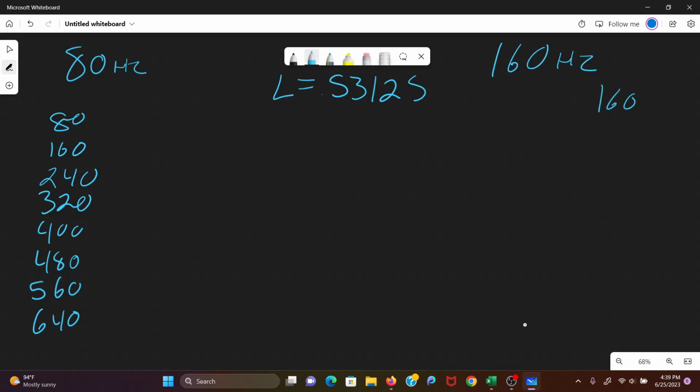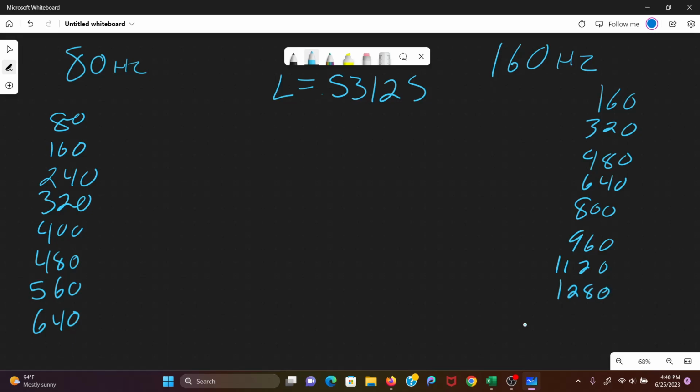For 160 hertz, you're going to start at 160, then 320, 480, 640, 800, 960, 1120, and 1280.